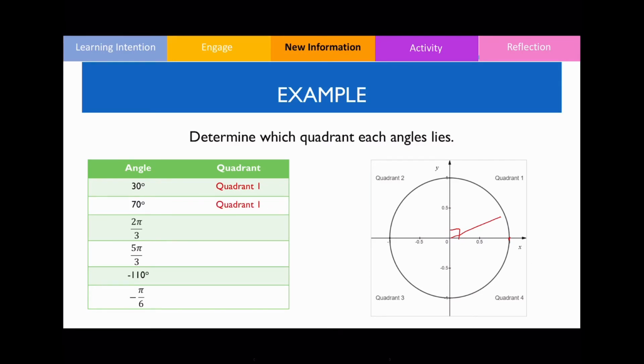Now for my next example, this is expressed in radian mode, and it's going to be a bit hard for us because I haven't shown you how to convert radians to degrees, and then use that to find out which quadrant it lies in. But I'm going to show you another way to do this, which is slightly inaccurate, but it still makes sense. So 2 pi on 3.